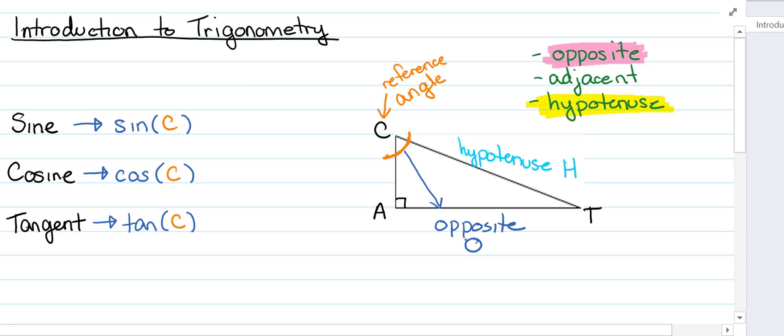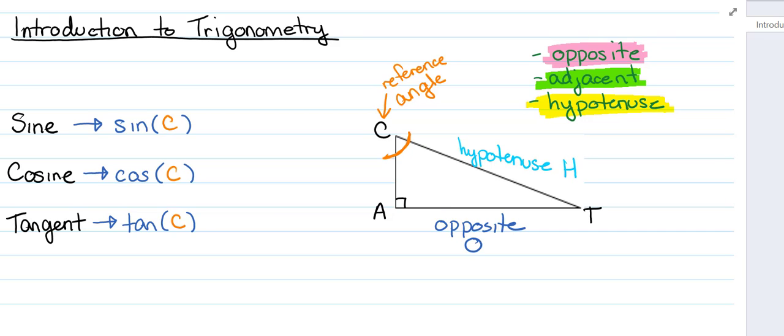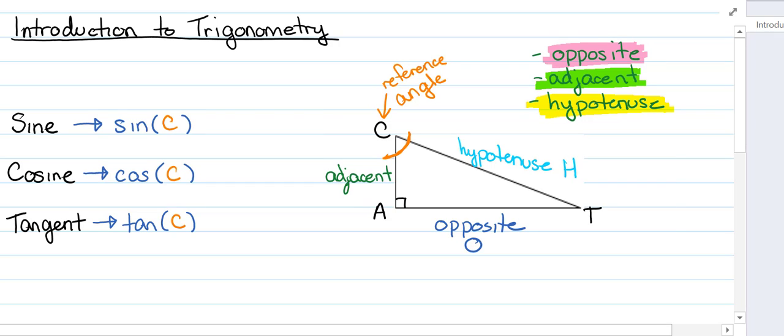Which leaves our last side, the adjacent side, which we can fill out by process of elimination. If we know the hypotenuse and the opposite side, then side CA, this last side, has to be our adjacent side. Or we might label it as A for adjacent. And the word adjacent just means next to. So this side is next to angle C, so therefore it is our adjacent side.